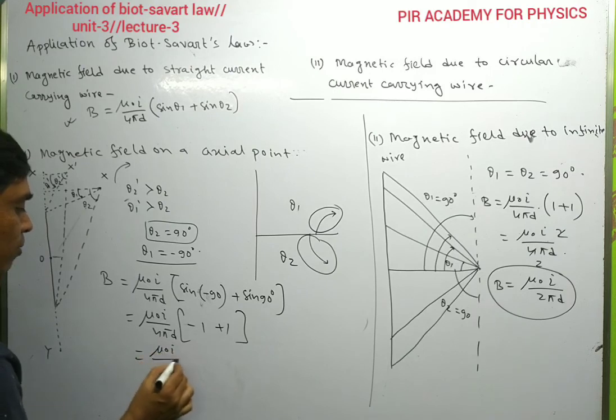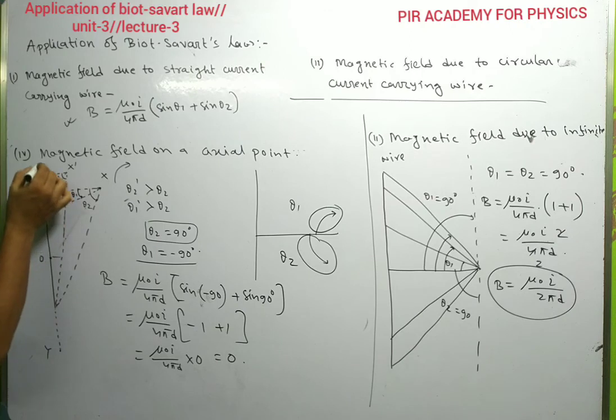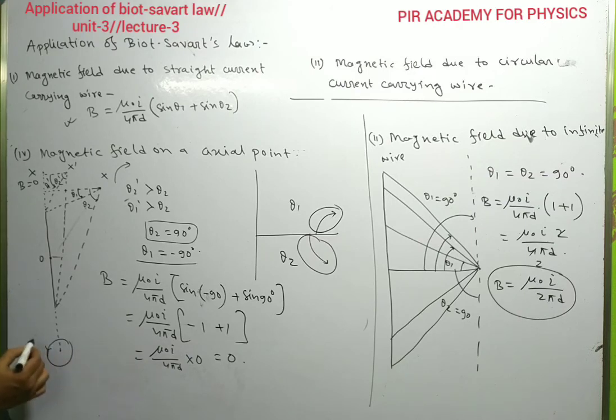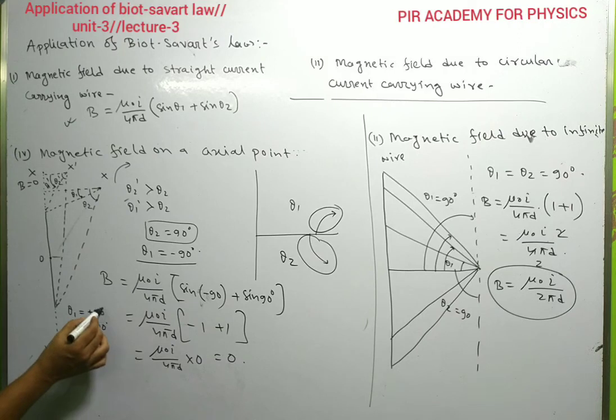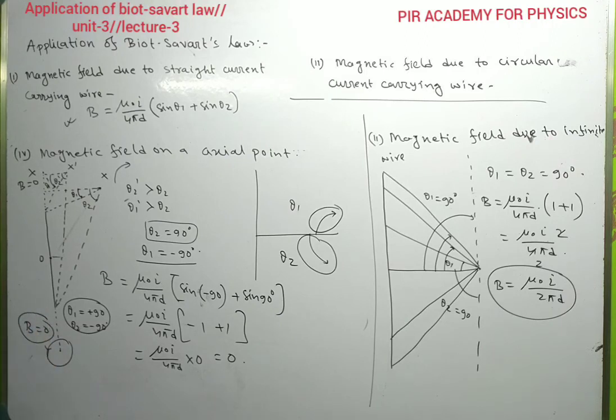So mu 0 I by 4 pi d into 0 equals 0. So at this point the magnetic field is 0. Similarly, in this condition, theta 1 will be plus 90 degrees and theta 2 will be minus 90 degrees, so at this point the magnetic field will also be 0. So we have learned that the magnetic field on an axial point will be 0.